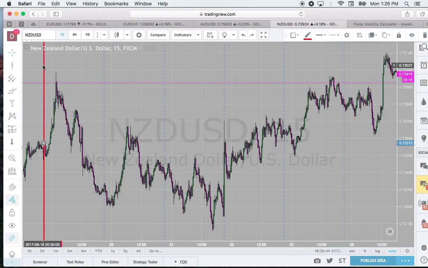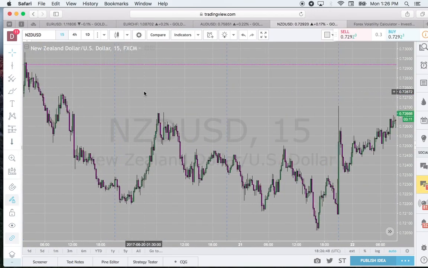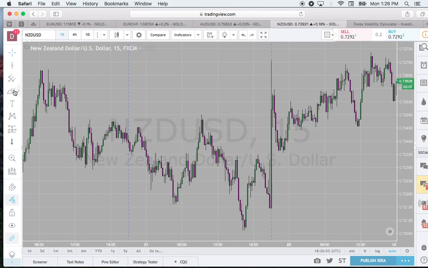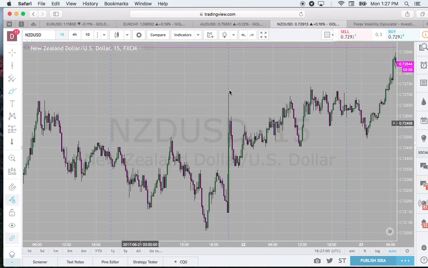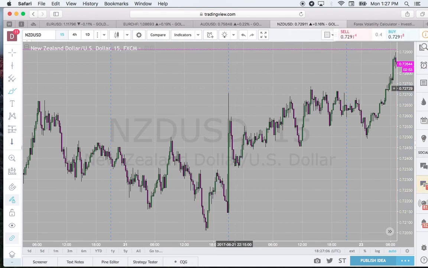Why does this happen? This happens for a reason. Mostly it's because at session changeover, there will be news events that are plotted on this exact time.